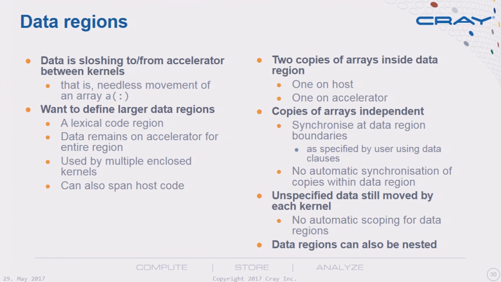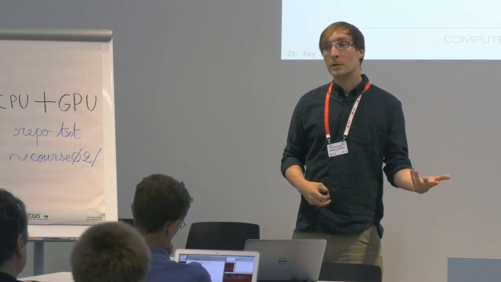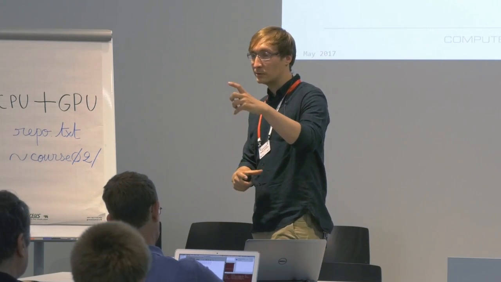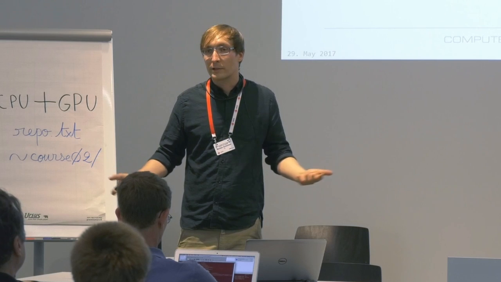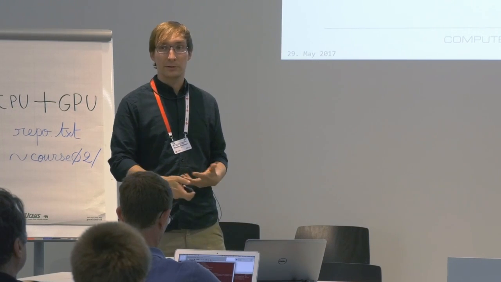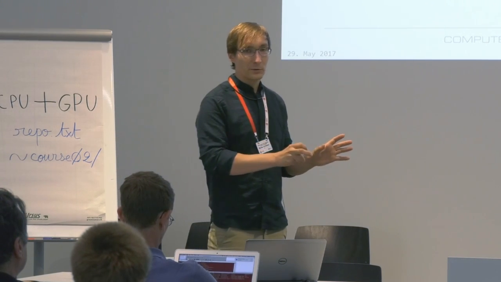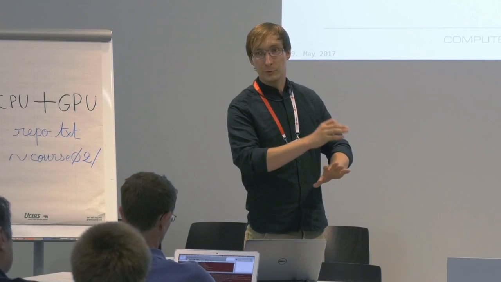Within this data region, for sure we have to keep in mind that we then have two copies of our data: one copy on our GPU and another copy on the CPU. Between our two or more kernels, we can, for example, also act on the data on the GPU, so you really have to pay attention to what you are doing there.